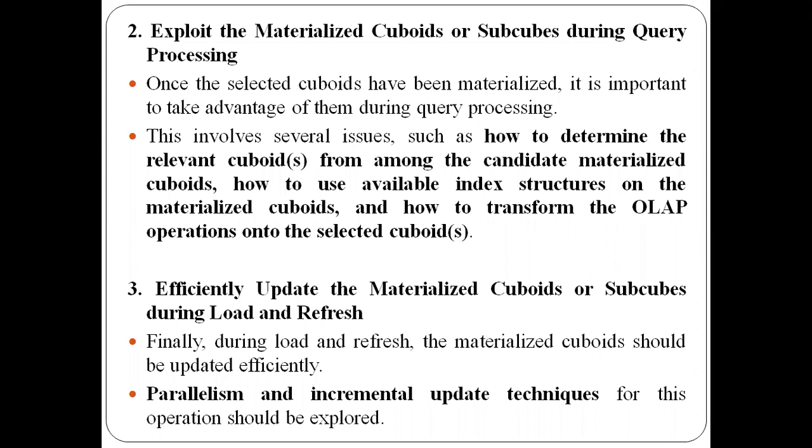All these are OLAP operations. So the third thing we need to consider for efficient query processing is how we can efficiently transform these OLAP operations onto the selected cuboids for performing my operation. This is the second factor, that is, exploiting the materialized cuboids during query processing.